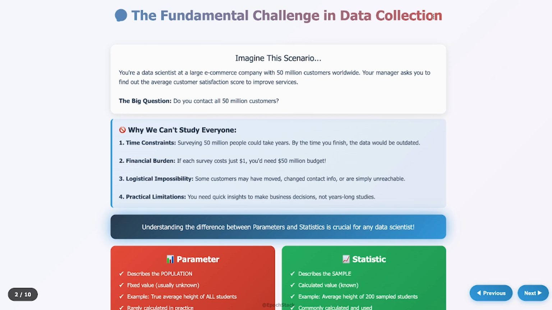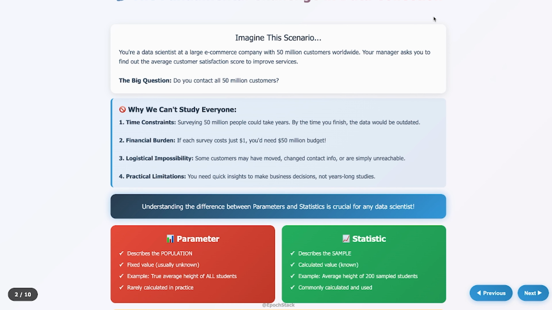Now we are going to study two different terms, parameter and statistic. The parameter generally refers to the population, while the statistic refers to the sample data. In case of the population, for example, if you want to figure out the average salary of all the people in your country, you don't know the exact value.